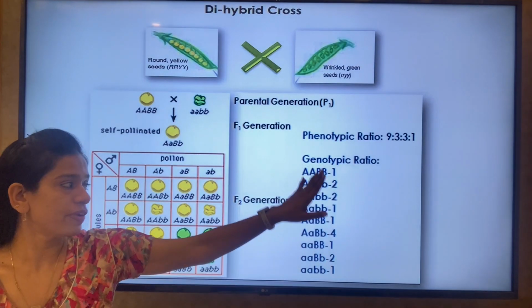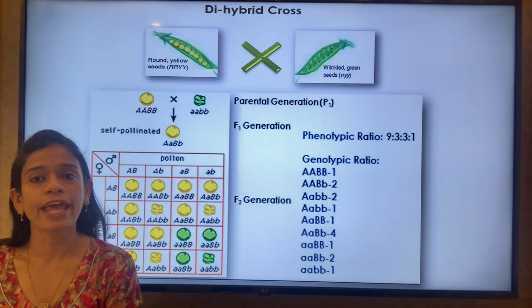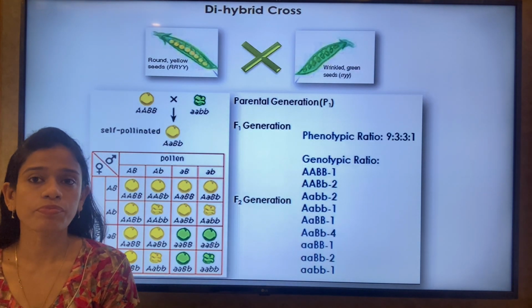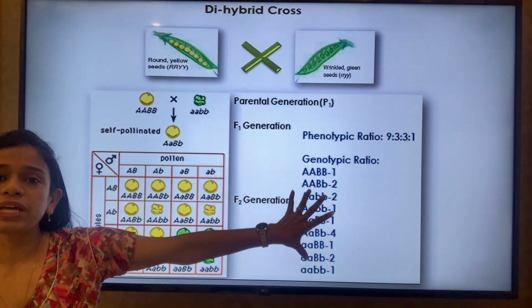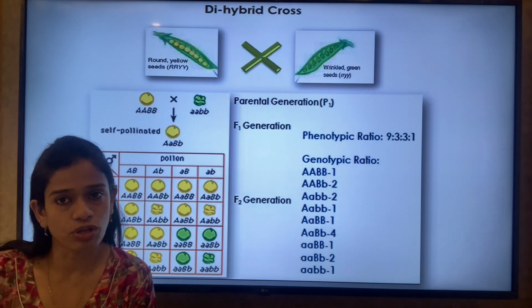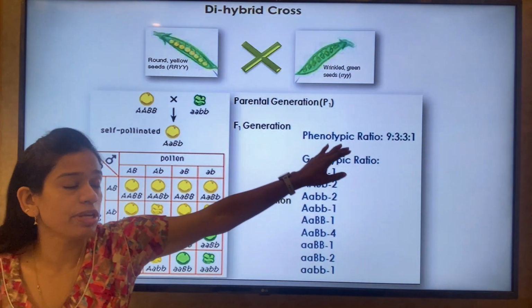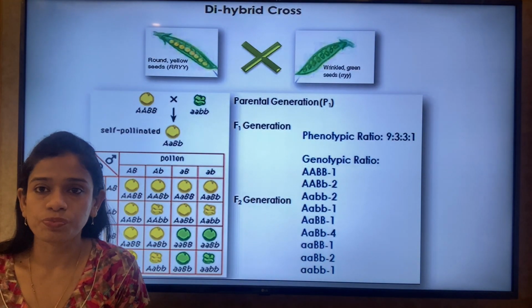So the genotypic ratio is quite a big one for the dihybrid cross, but this can be calculated, but mostly you don't get questions based on this. You get questions only based on the phenotypic ratio, because this ratio is a huge ratio.